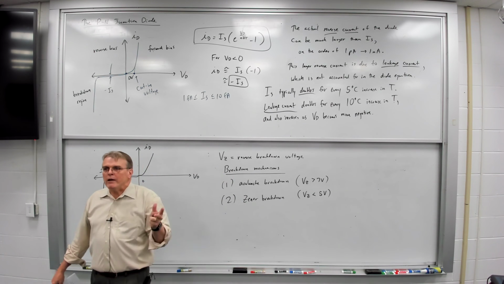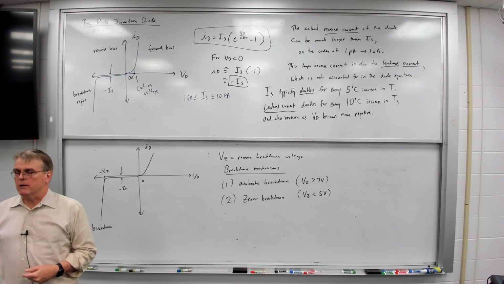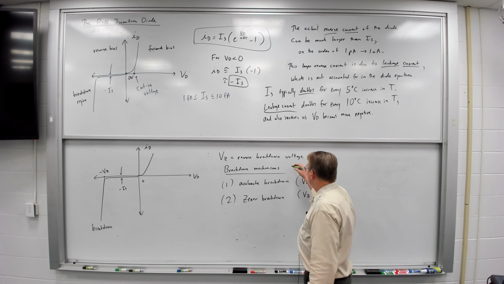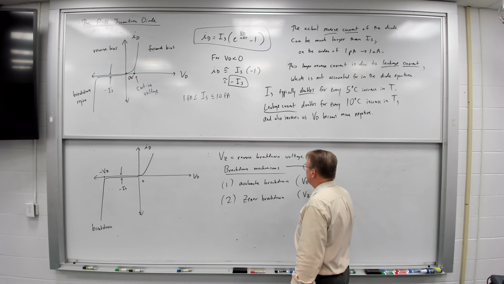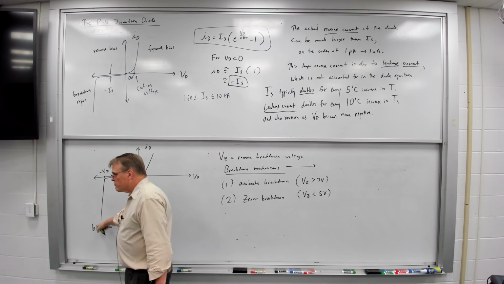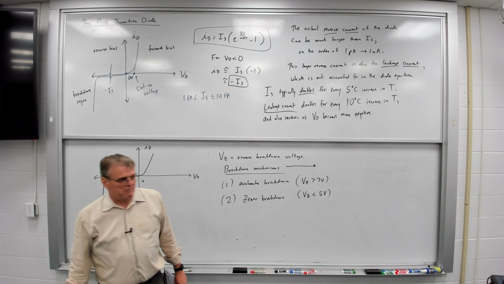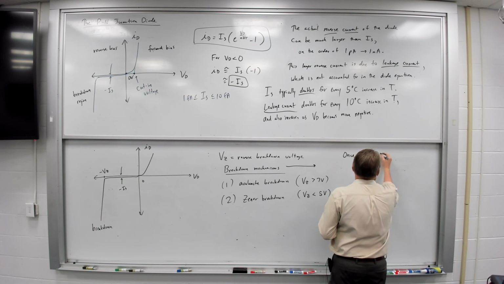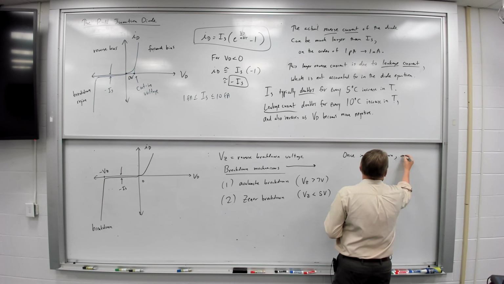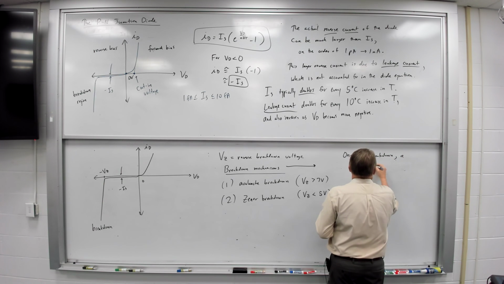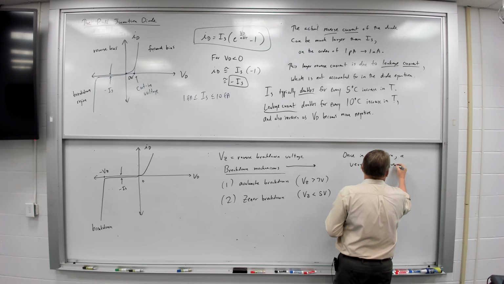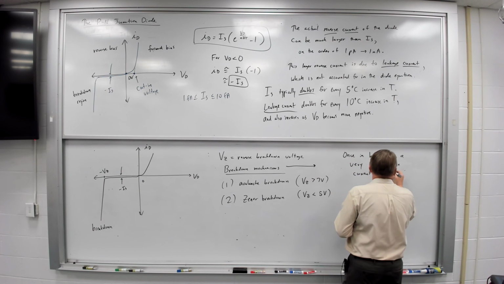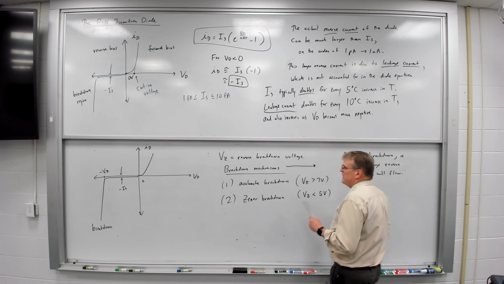We're not going to spend any time talking about those mechanisms. Obviously, we would talk about them a great deal. But the result is that once you're in breakdown, you have a very, very large reverse current. But here's the interesting part.